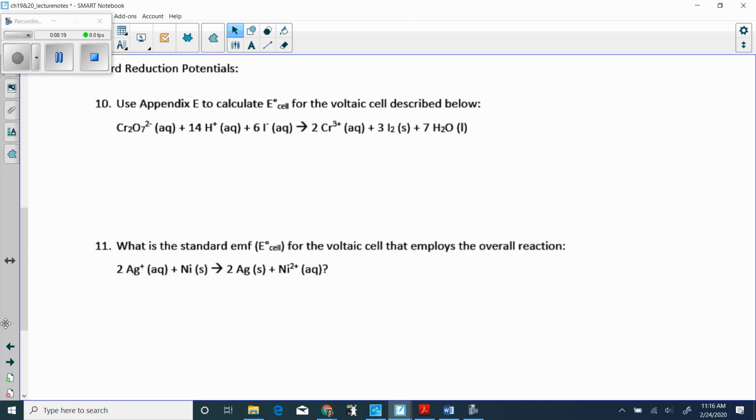Part of this unit maybe seeming to be hard is that it's intimidating. So if we look at number 10, it says use the appendix to calculate E cell. But then we look at that and there's lots of letters, lots of charges of things. Similar to when we see a polyatomic that we're unfamiliar with, I say it doesn't matter what it is, make it X. This is going to be a really similar thing.